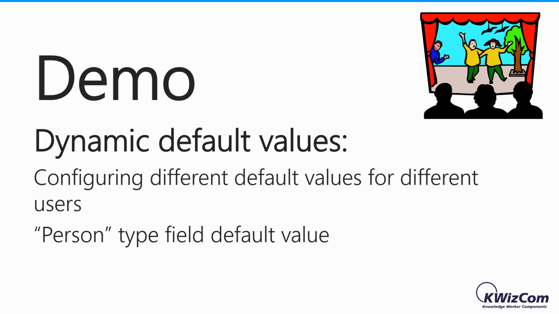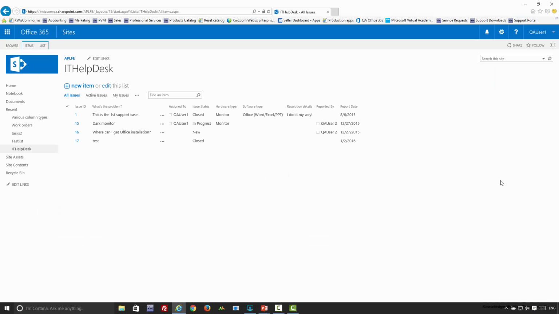And finally, you can set up default values for field types that SharePoint does not provide default values for. For example, the person column type or the lookup column type, both of them, you cannot set up default values in SharePoint out of the box. So let's see a small example. This time I'm going to use a document library.